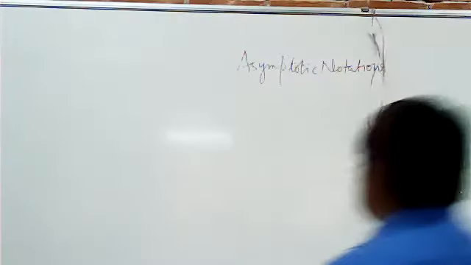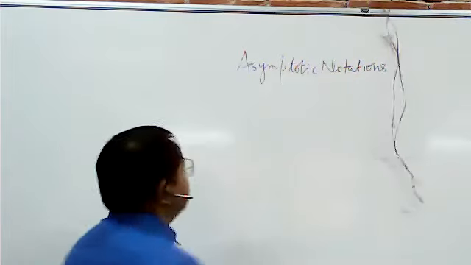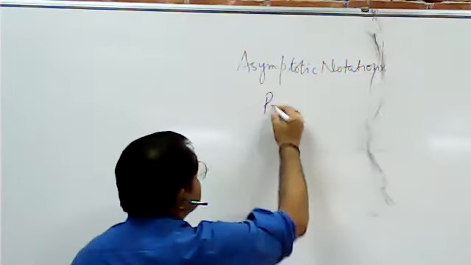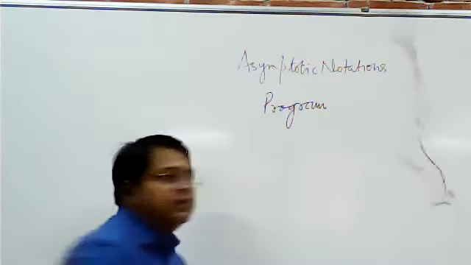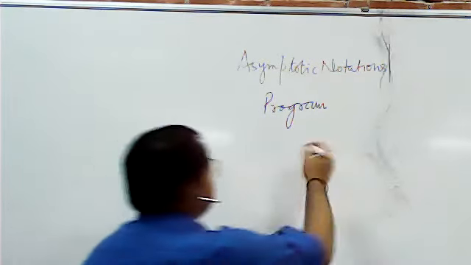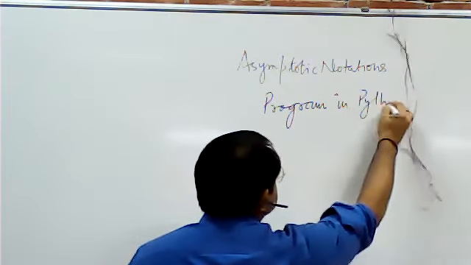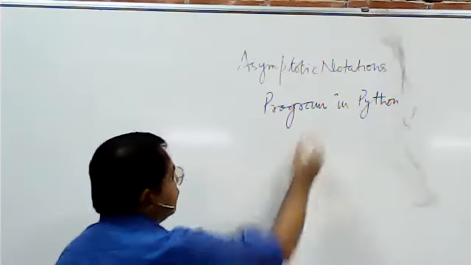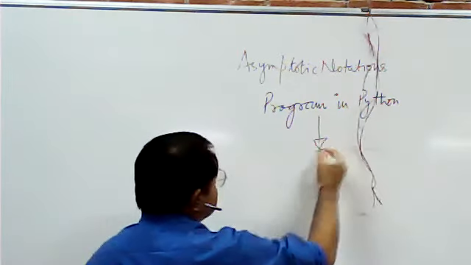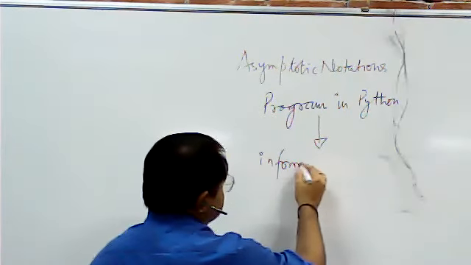For any problem in computer science, we write a program, in any language. Suppose we are writing the program in Python, for example. It's always good, before writing the program, to have an informal description of that program.